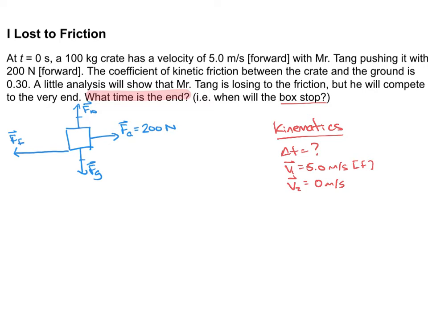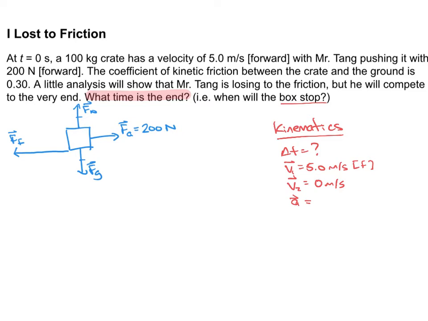That's not a kinematics thing. So that's all I'm given in terms of kinematics. I'm given these two numbers. You probably, well, hopefully you know by now that's not enough to solve for the time. I need to figure out one more value here first. That value is going to be the acceleration. Yeah, this is a theme happening over and over again.